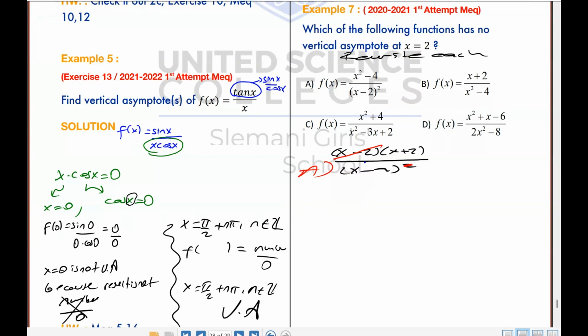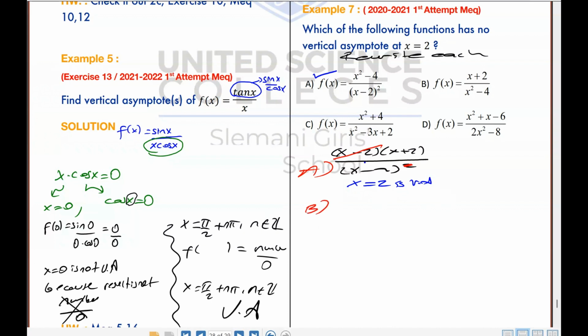So what remains in the denominator? X minus 2 remains. So what makes the denominator 0? If x minus 2 is equal to 0, x equals 2 is a vertical asymptote. So it has a vertical asymptote at x equals 2. Option A has. What about option B?